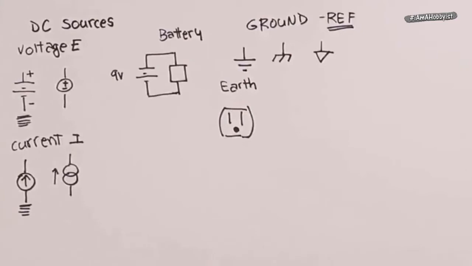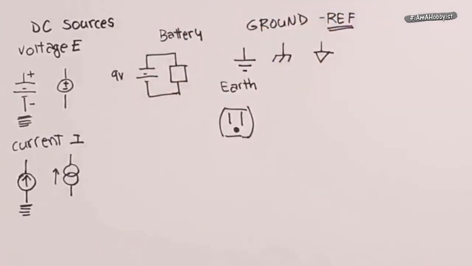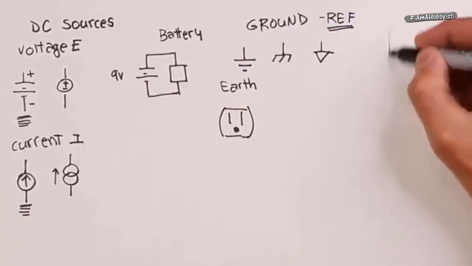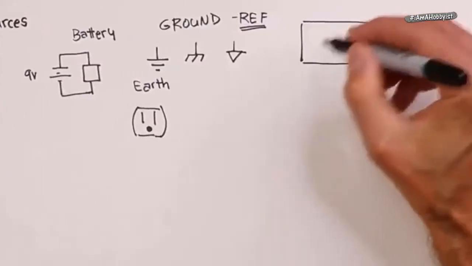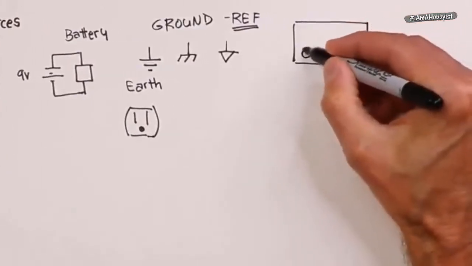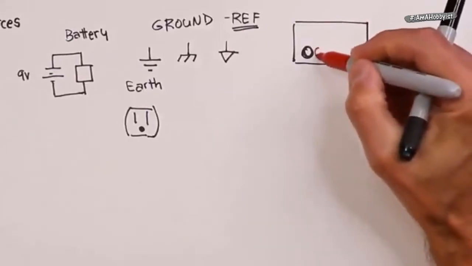Now, on a power supply, a constant voltage power supply that you would use in lab, very often you will see a set of leads on here. So you'll see a black lead and you'll see a red lead.